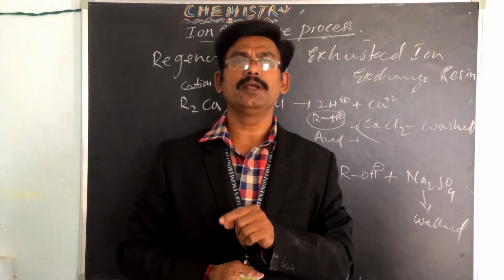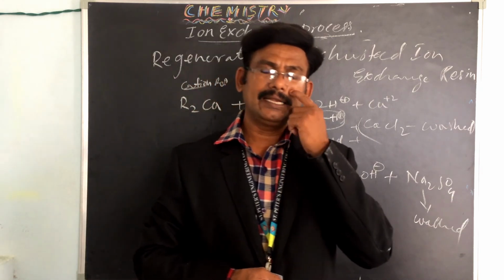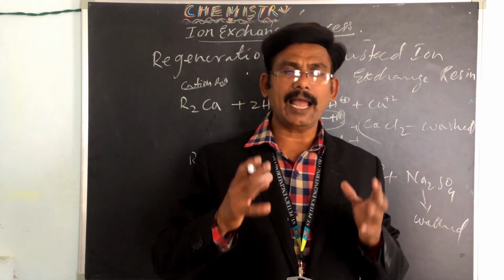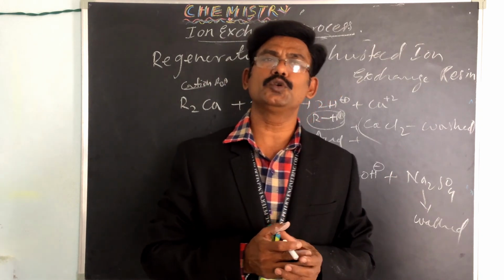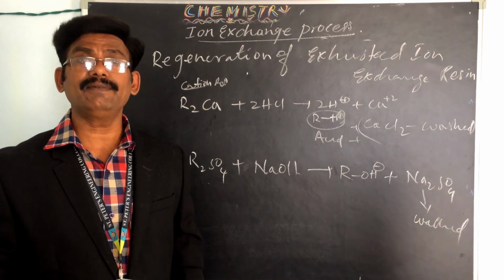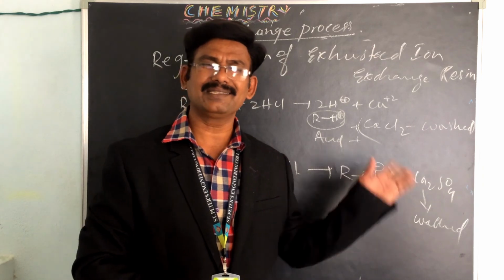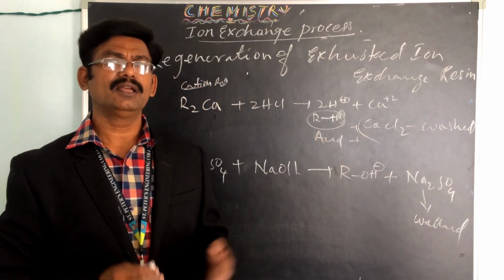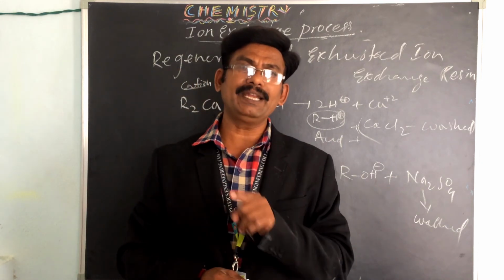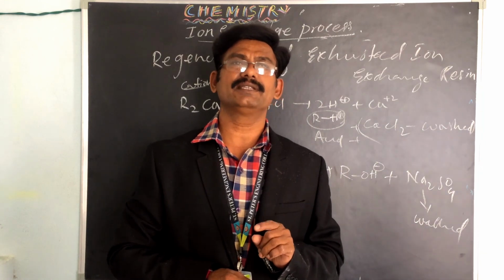So the water treated by this method can be used in high pressure boilers. But what are the disadvantages? This setup is usually very costly, because the resins, like Amberlite IR-120, are costly. The water should not be turbid, and the turbidity level should not be more than 10 ppm. So these are the disadvantages.